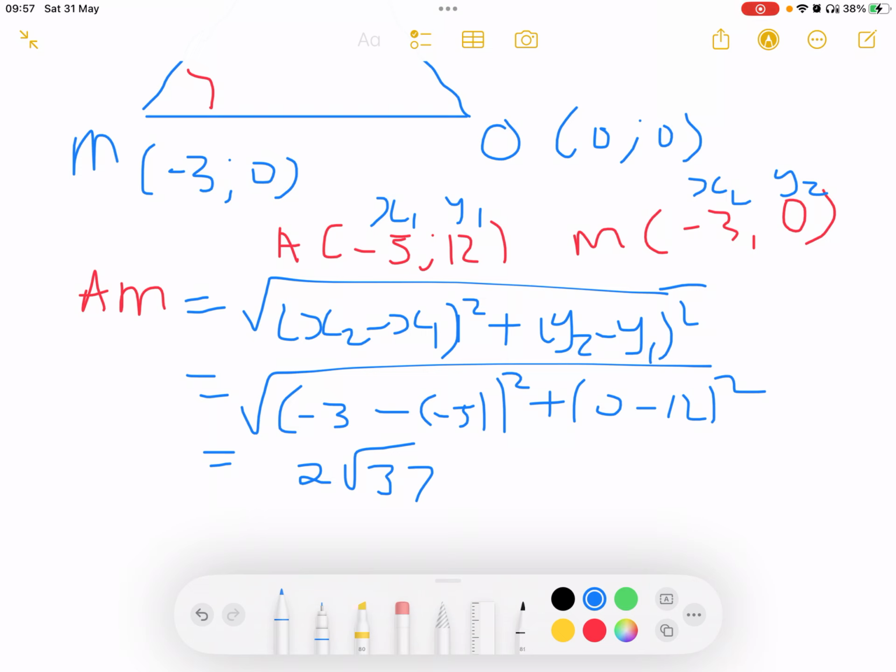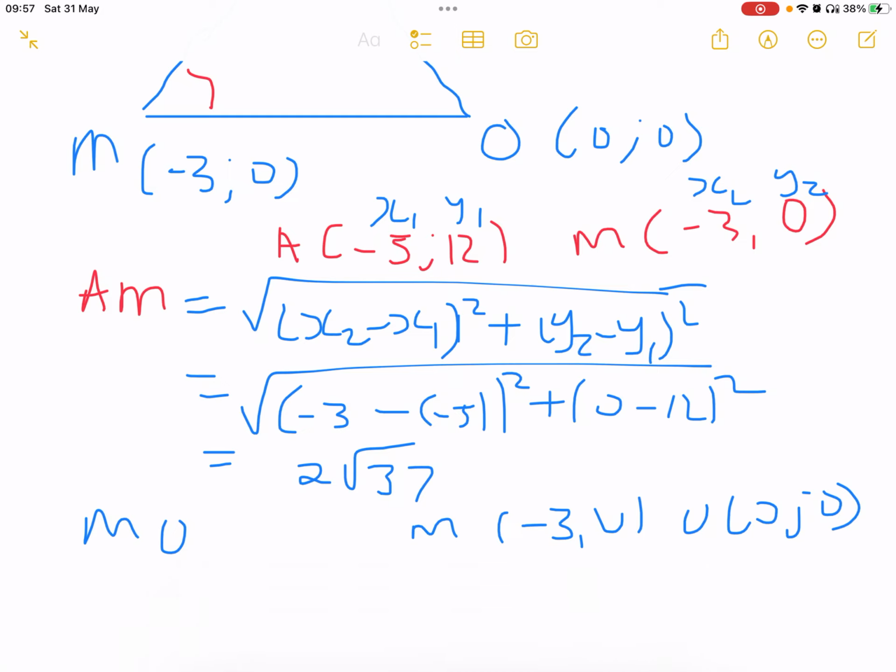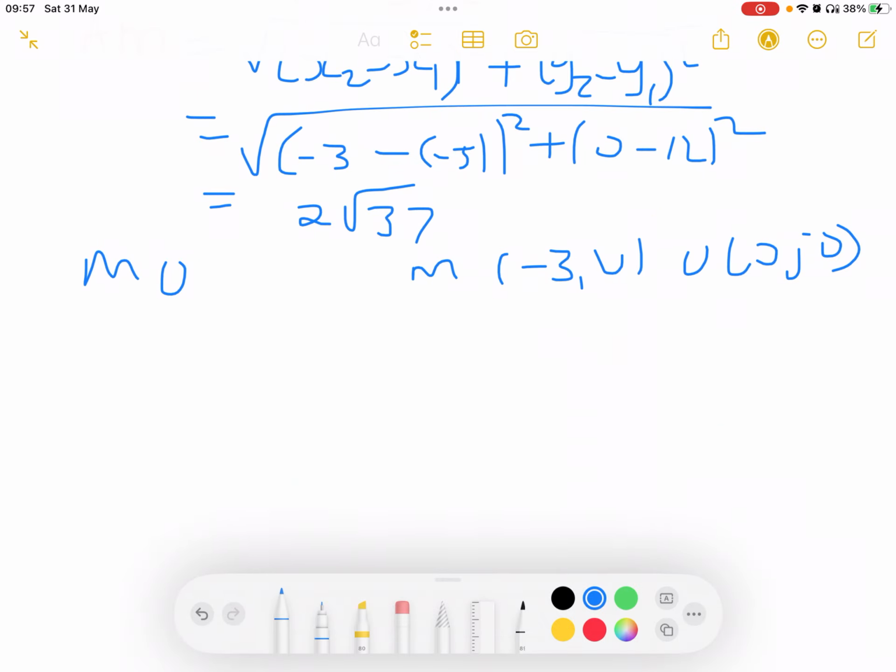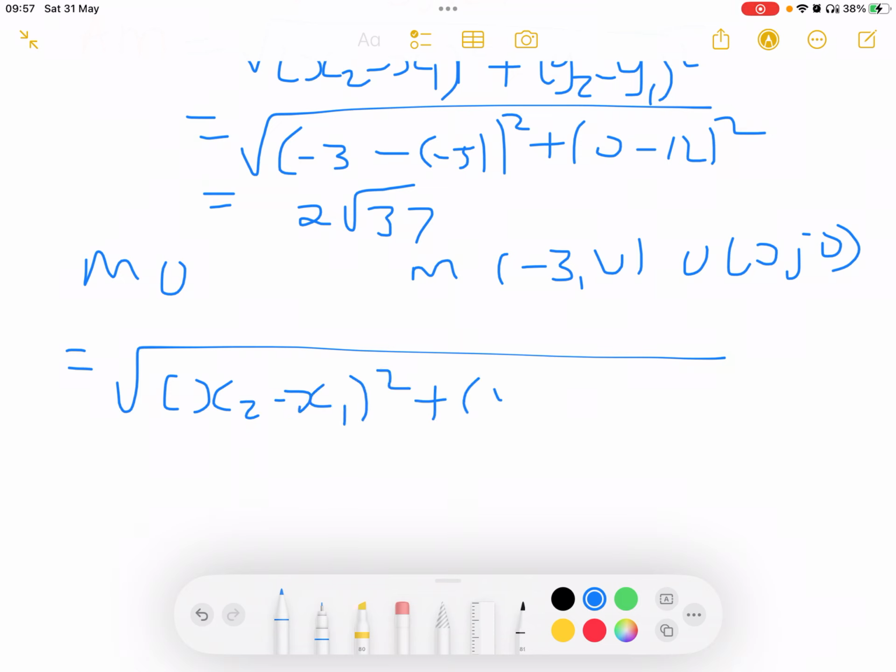Next one, MO. MO comes from M with -3, 0 and O with 0, 0. Now MO can be calculated also with the distance formula, square root of x2 minus x1 squared plus y2 minus y1 squared.